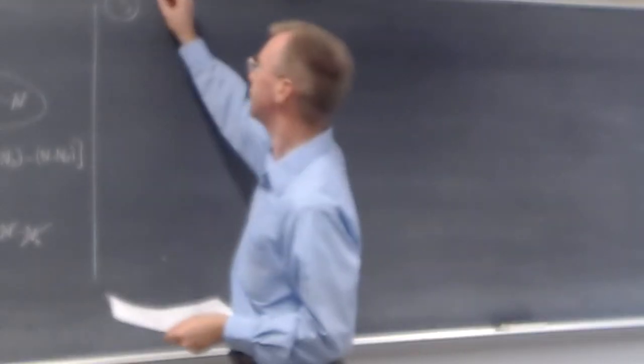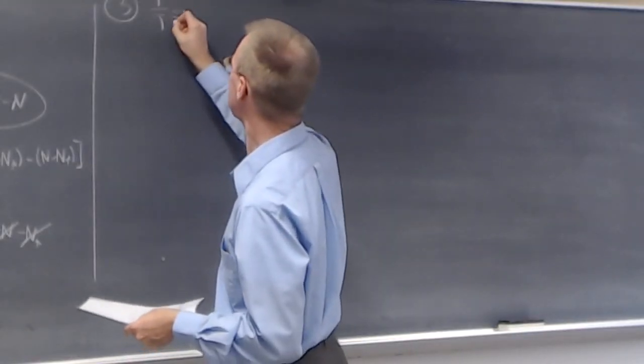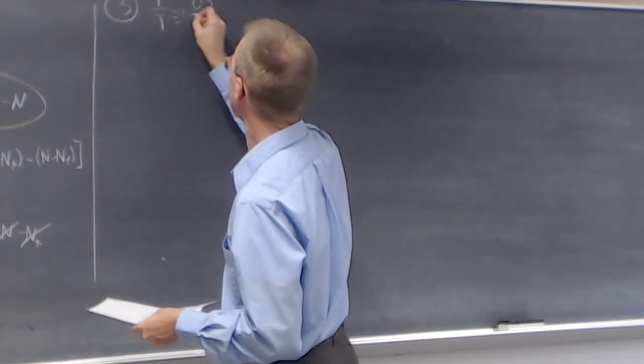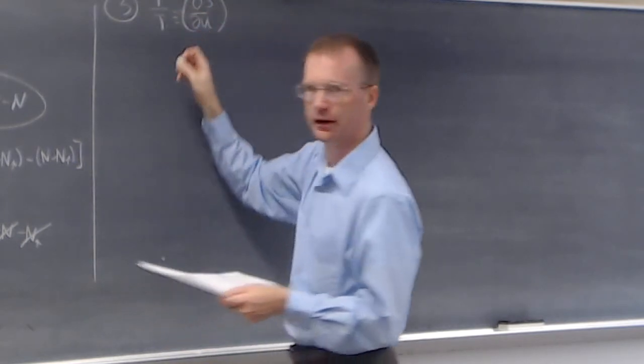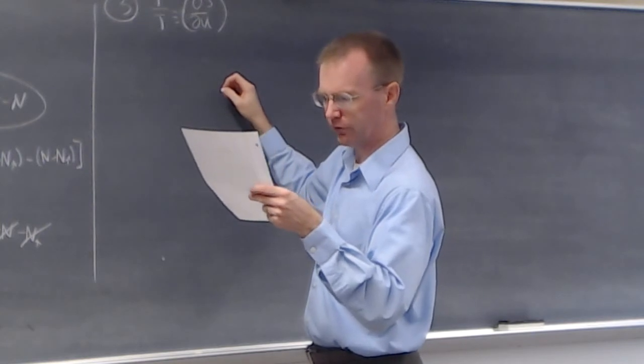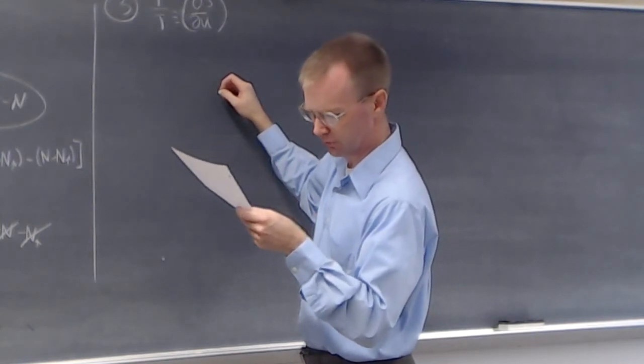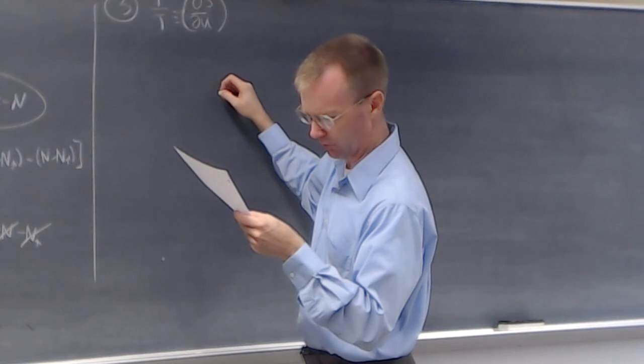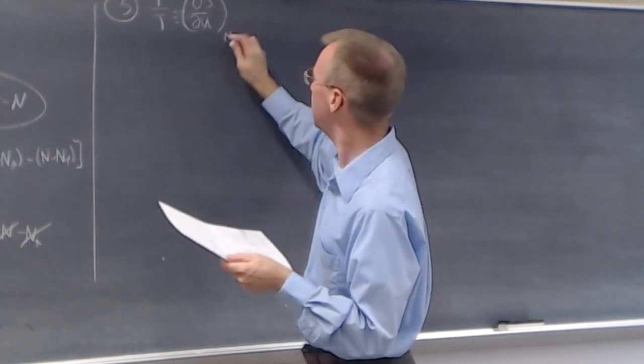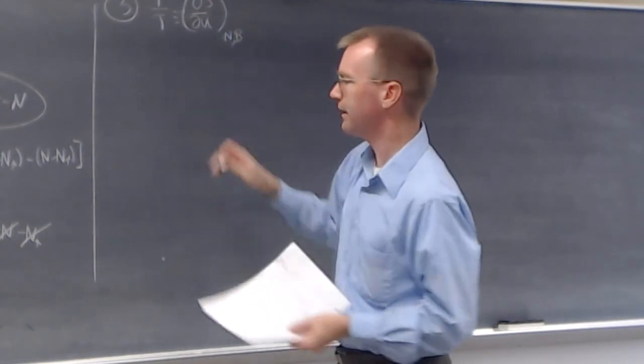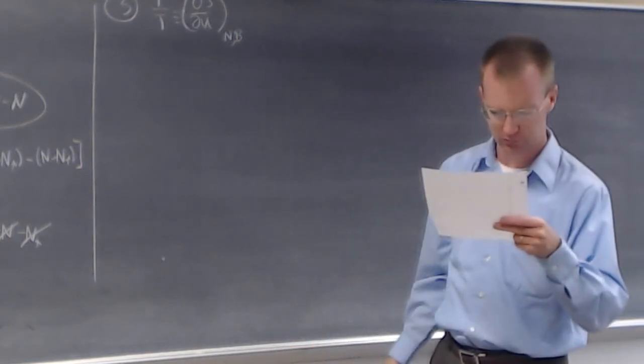One over temperature is ds by du, with everything else being held constant. In this case, what are the other things? Number and magnetic field are going to come into this.